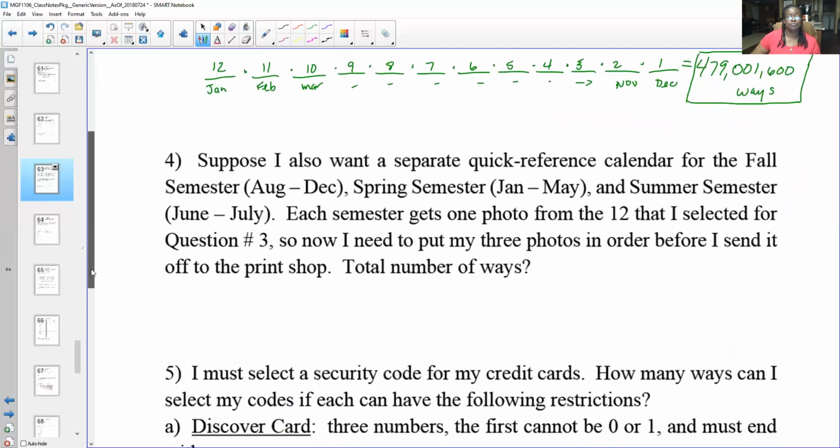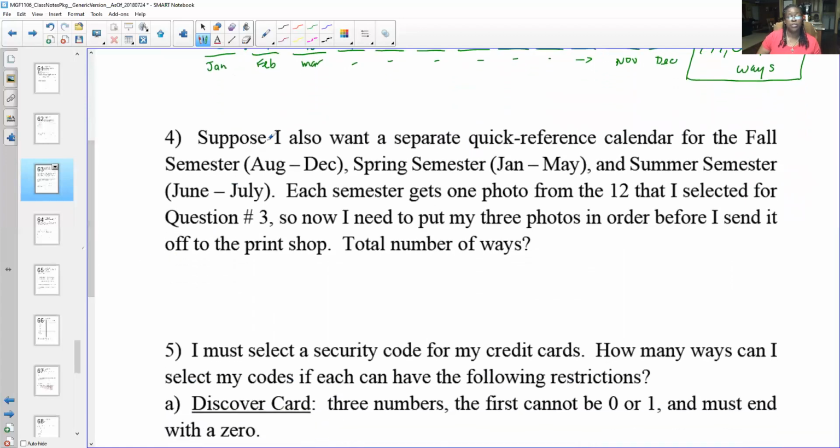Number 4. It says, suppose I also want a separate quick reference calendar. So now this person, she already did a regular calendar. Now they want a quick reference calendar. But how do they want it? They want to organize it by fall semester, spring semester, and summer semester. 3 different semesters. That's our structure.